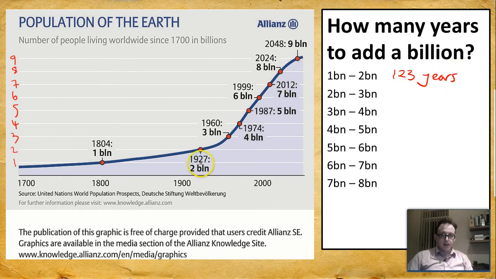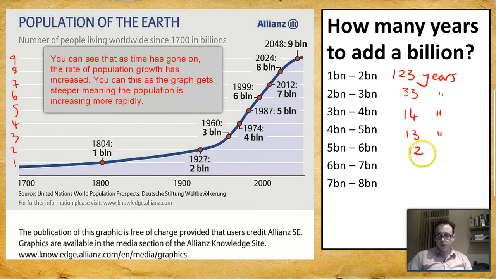Then we go from 2 billion in 1927 to 3 billion in 1960, just 33 years. 3 billion to 4 billion in 1974, just 14 years. 4 billion in 1974 to 5 billion in 1987, just 13 years. 5 billion to 6 billion in 1999, just 12 years. 6 billion in 1999 to 7 billion in 2012 is 13 years.